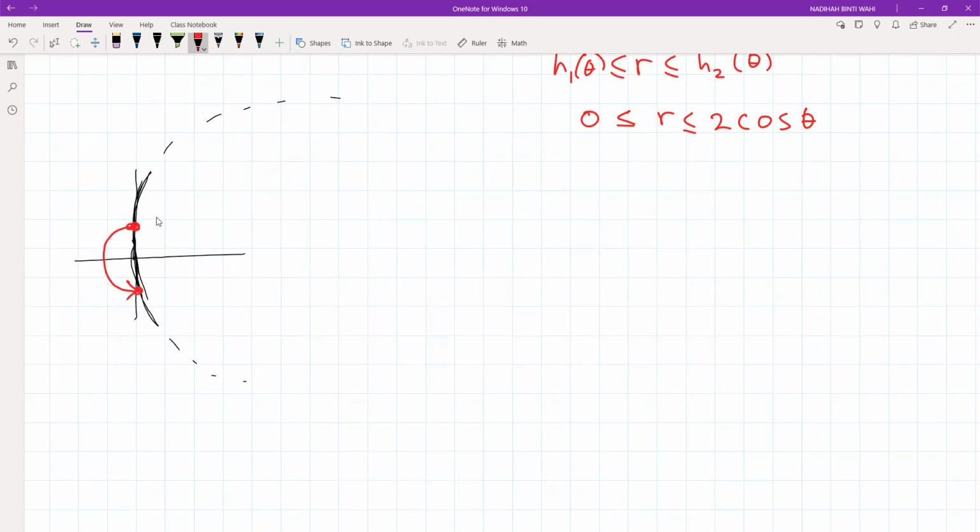What's the value for this point? What's the angle for the first one? Pi over 2. Yes, pi over 2. And this one is minus pi over 2.